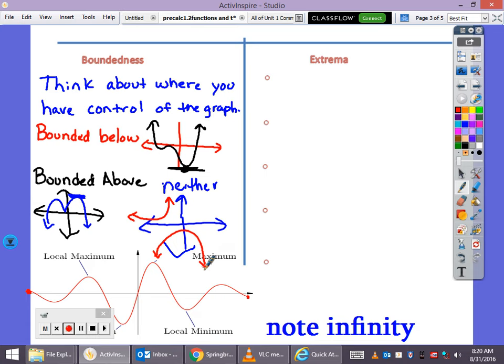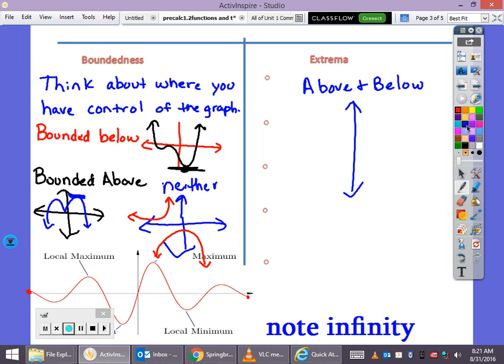And the last one, which I'm going to draw over here and then erase because I made a reminder for myself about something else. So the last one is both. It's bounded above and below. So above and below would look something like this.